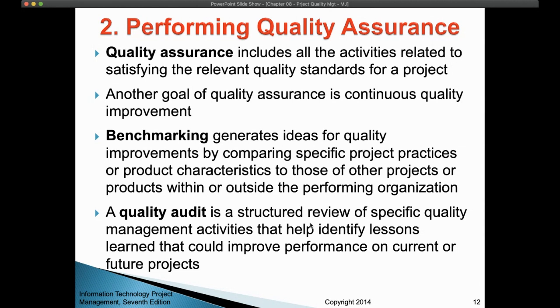Benchmarking. We talked about this earlier in the scope management. Benchmarking is comparing yourself with other projects, other organizations, other features and products. So how does this help the quality? You compare the quality of your practices, or of the system or product that you are producing, with others, with other organizations or with the industry.